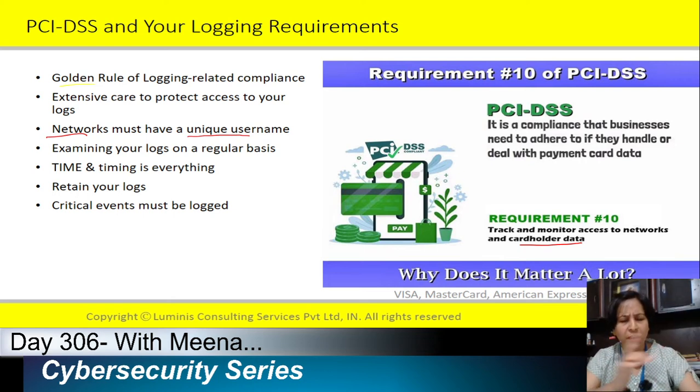We clearly classify whether it's from the administrator group, a normal user, or a third party accessing it. Clear? And we need to examine all the logs, or at least the critical logs, on a regular basis.